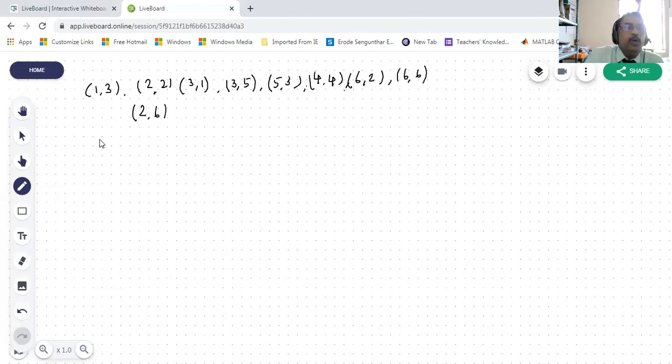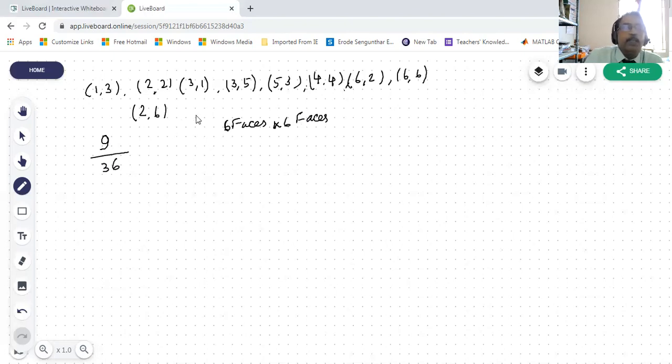Okay. So what are the possible outcomes? The favorable outcomes are 9. Total outcomes are 36, since one die has 6 faces, so 6 into 6. Die 1 is different from die 2.